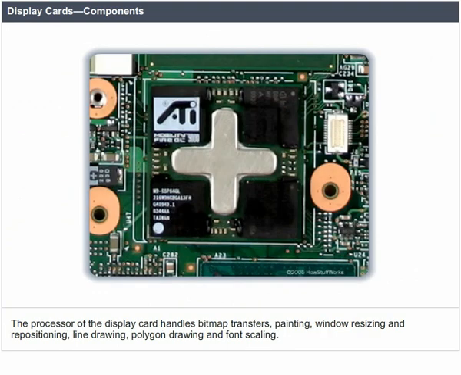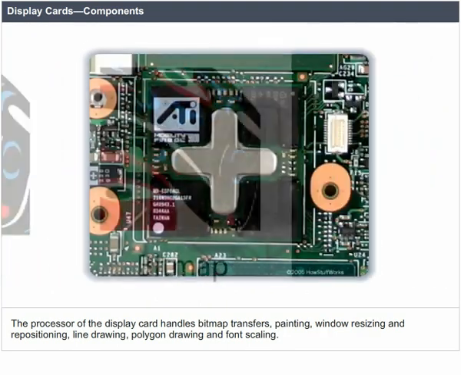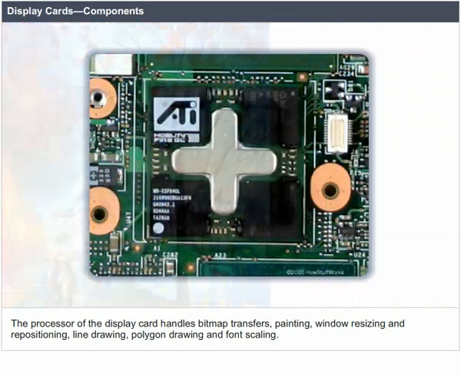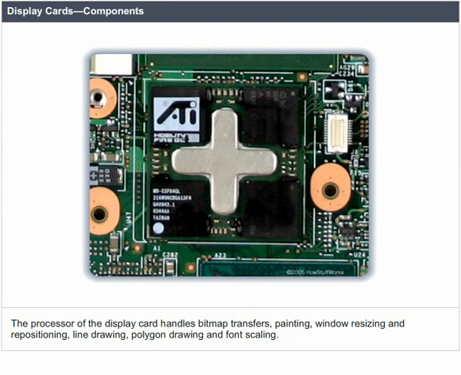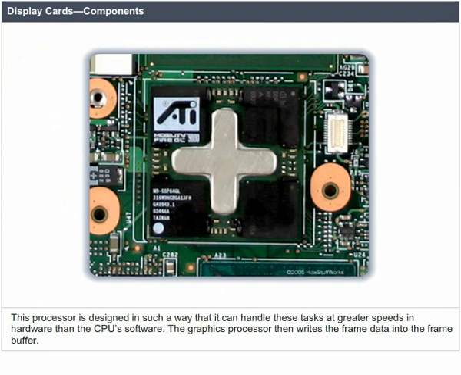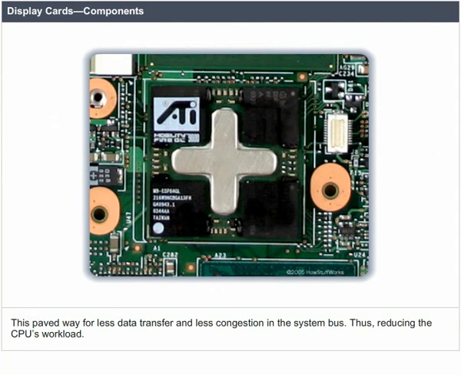The processor of the display card handles bitmap transfers, painting, window resizing and repositioning, line drawing, polygon drawing, and font scaling. This processor is designed in such a way that it can handle these tasks at greater speeds in hardware than the CPU software. The graphics processor then writes the frame data into the frame buffer. This paves the way for less data transfer and less congestion in the system bus, thus reducing the CPU's workload.